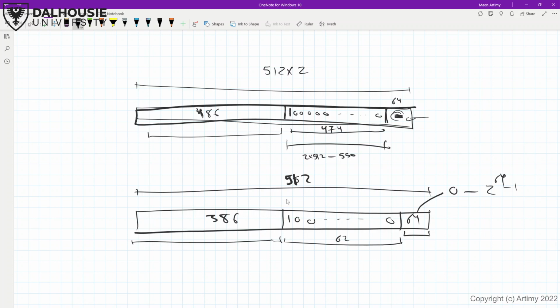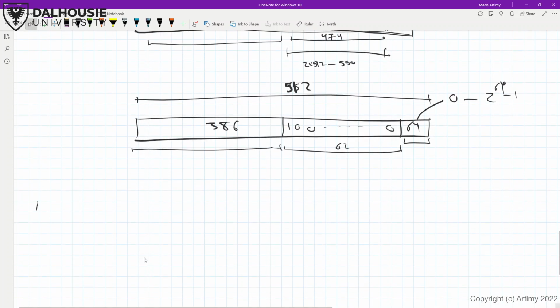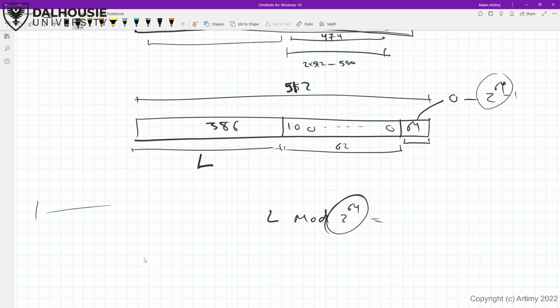But if the message is way too long, more than 2 to the power of 64, we need to take the length of the message, L, mod 2 to the power of 64. So we make sure that L prime here is small enough to fit inside this field.